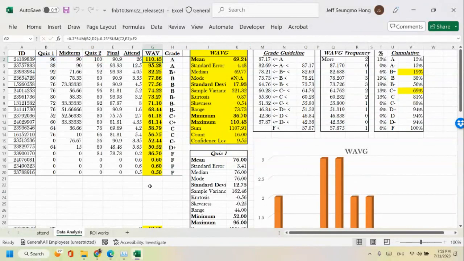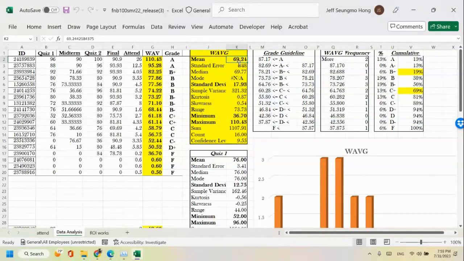And the weighted averages are sorted in descending order, and the mean of that weighted average was almost 70. That's relatively high over the last 20 years in summer.